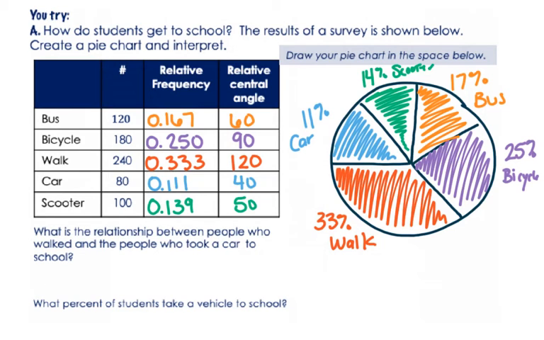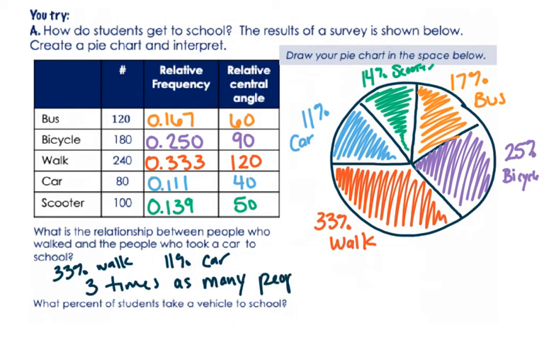Alright, and now we're going to analyze it. So we have two questions. What is the relationship between people who walked and the people who took a car to school? So 33% of people walk, and then 11% take a car. So I would say something like 3 times as many people walk to school.